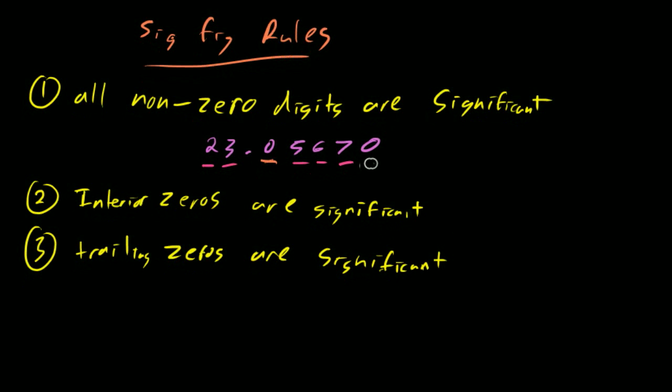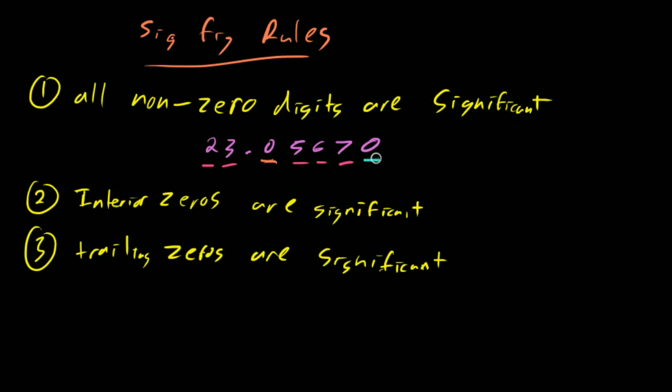And hopefully you can see, that means that this 0 at the end is also going to be significant. Again, if this was our scale from the past video that gives us 5 decimal places of resolution, or 5 decimal places of information, this last decimal place could be 0.